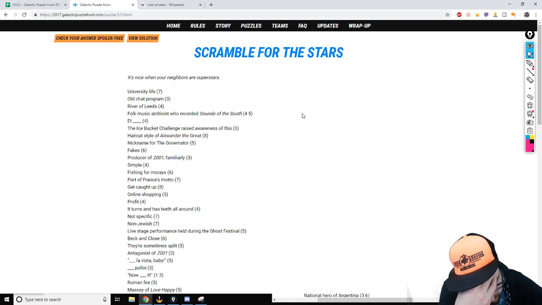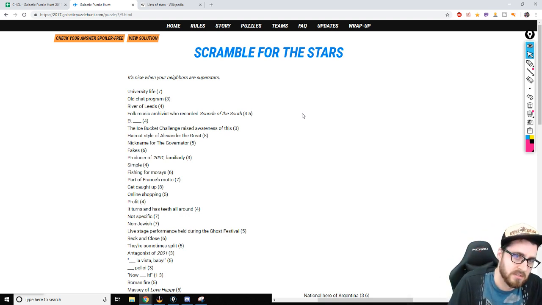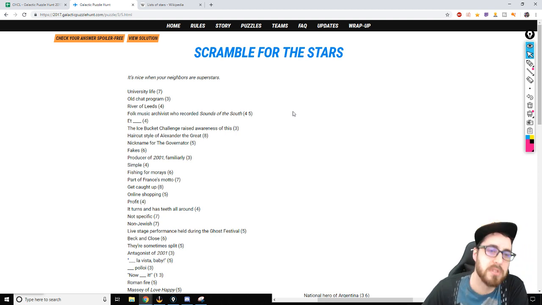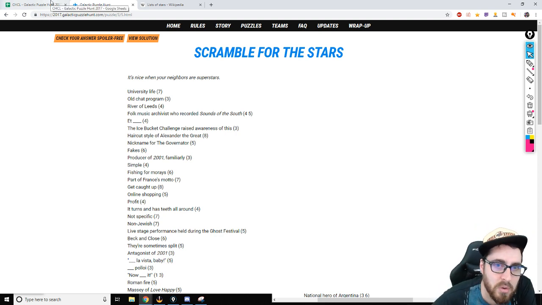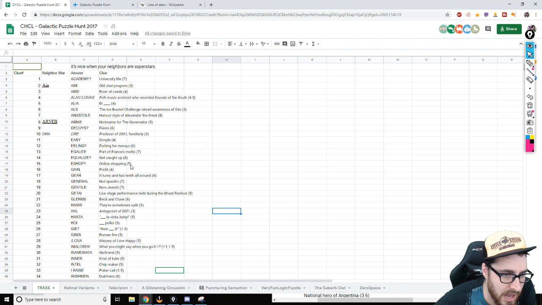That would be a clue to use stars in space, right? Because you can't take anything at face value. It's nice when your neighbors are superstars. Well, let's look. Are there names for these?